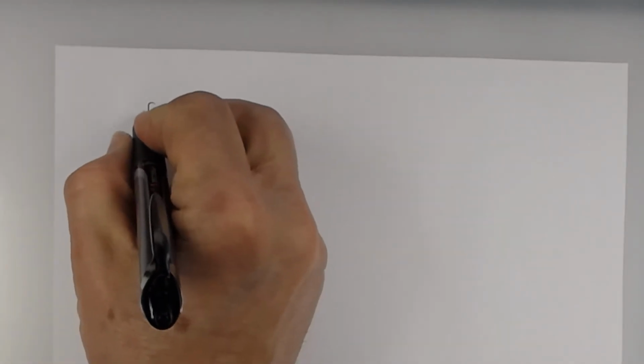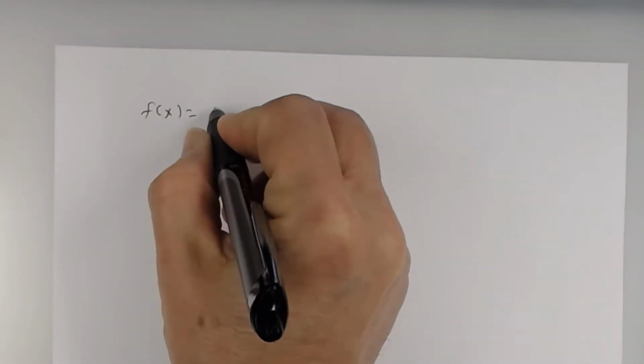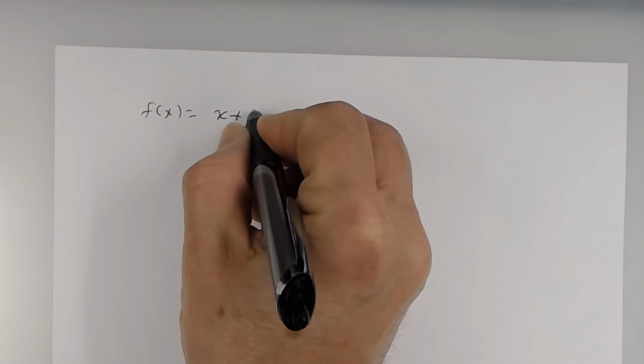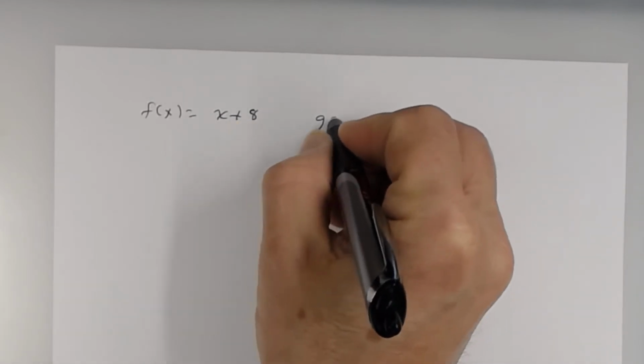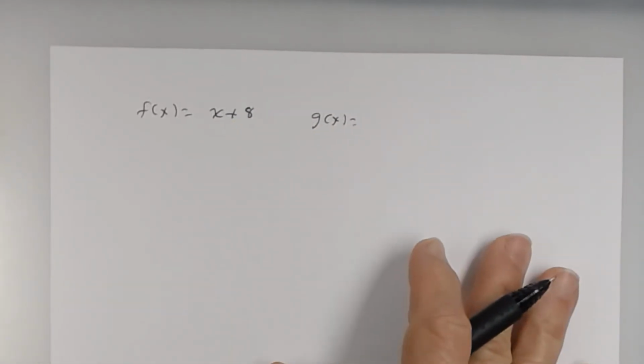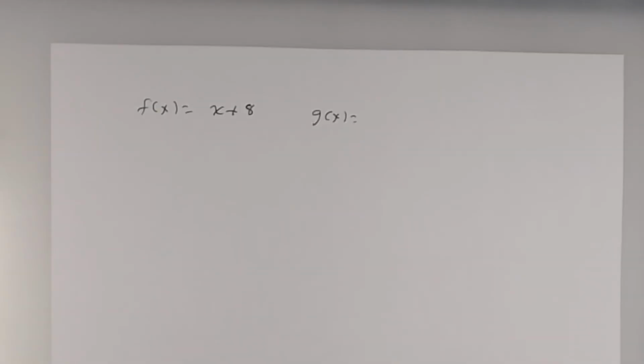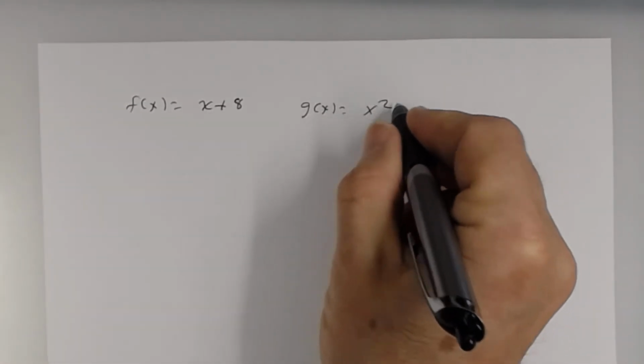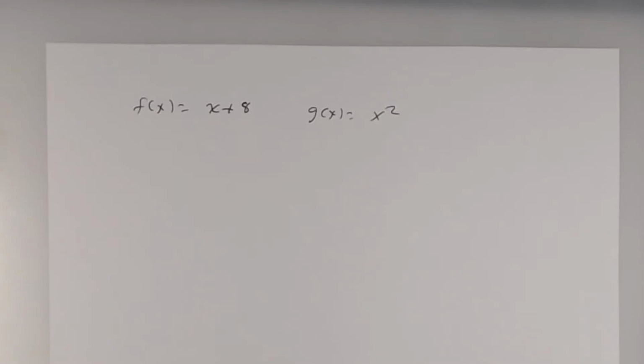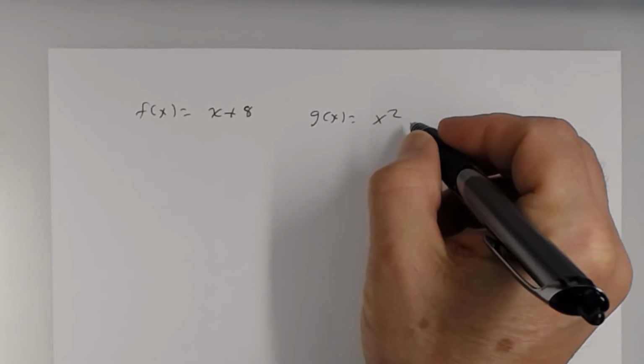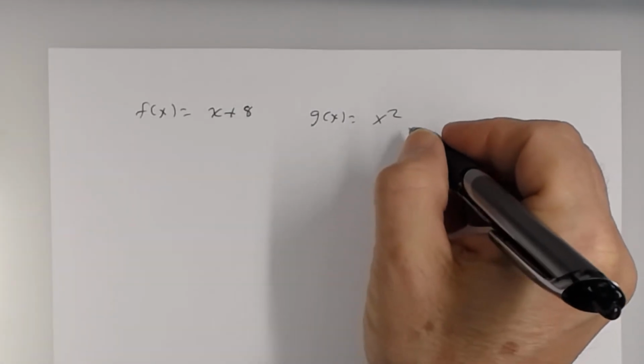Okay, now let's look at these two functions. Let's suppose that f of x is x plus 8, and g of x is, let's say, x squared plus x minus 12.